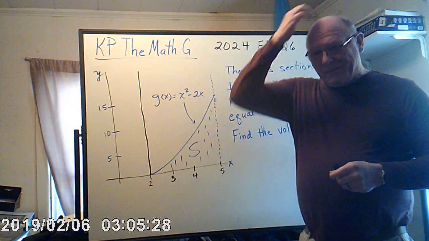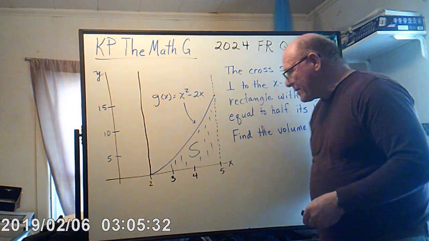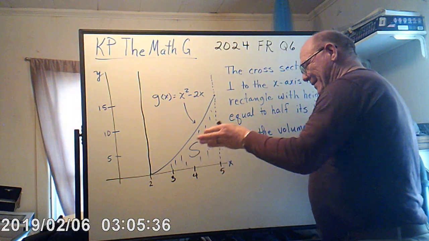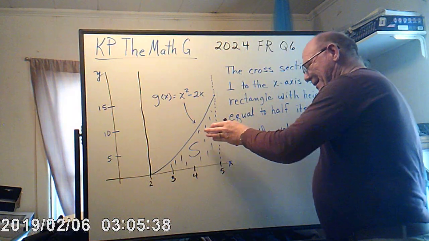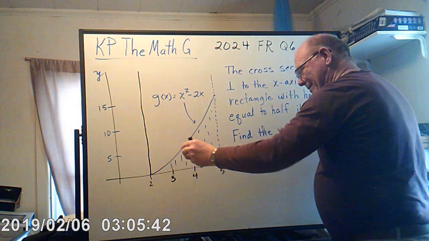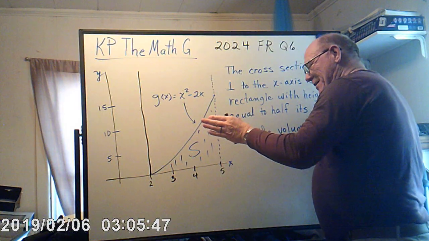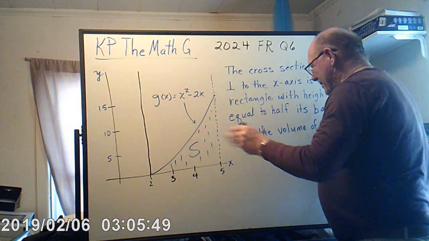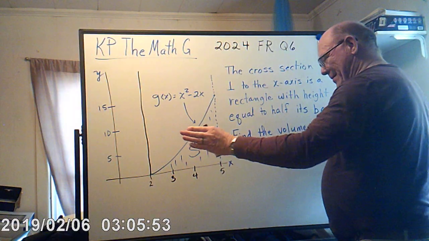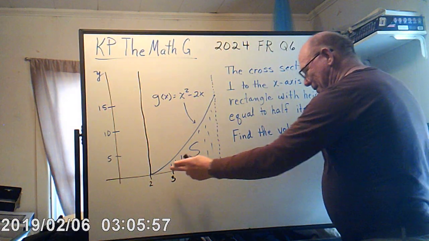It's actually becoming pretty easy now, but what you're dealing with is rectangular regions coming out from each little x. The height of these is equal to half of its base.